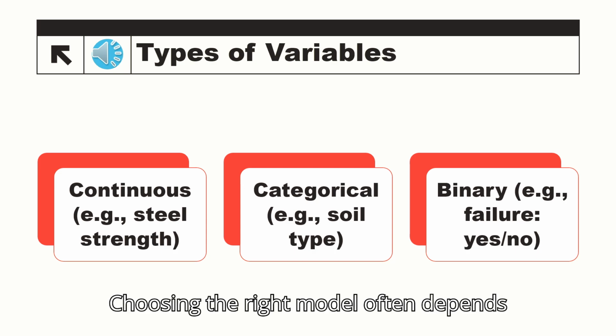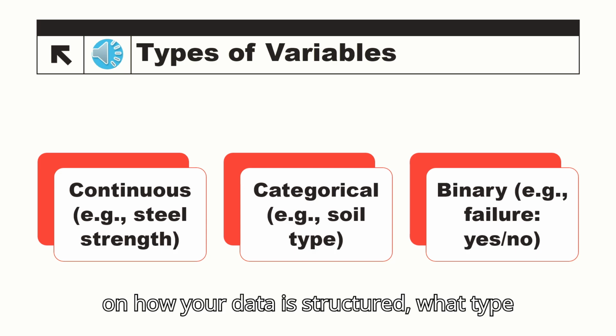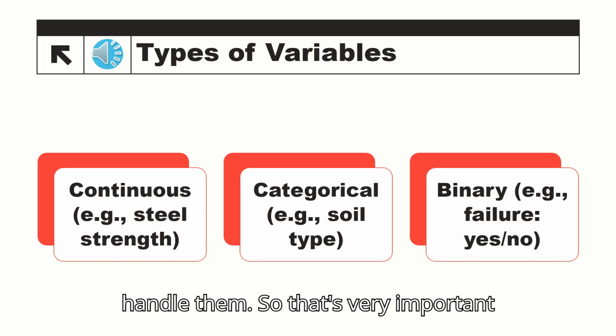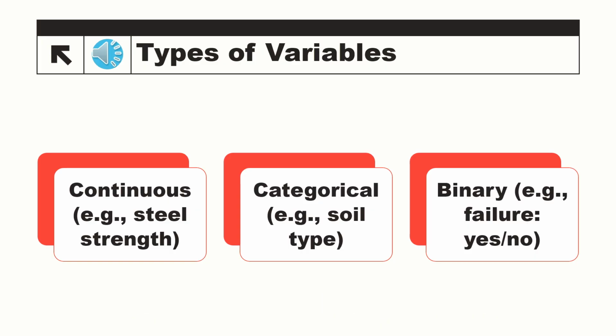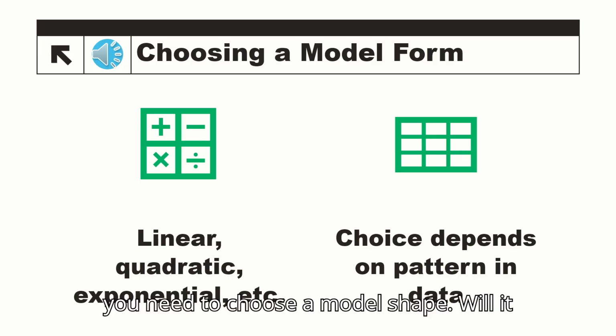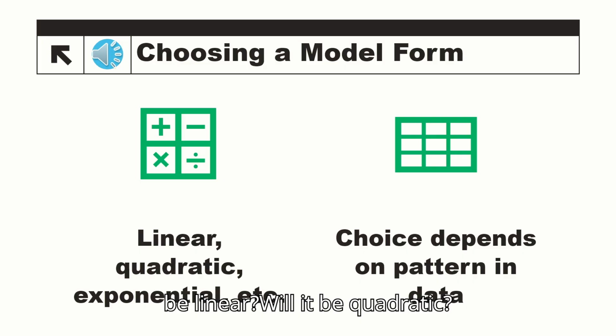Choosing the right model often depends on how your data is structured, what type of variables you have, and how you handle them. So that's very important that you handle them correctly. So once you have selected your variables, you need to choose a model shape. Will it be linear? Will it be quadratic?